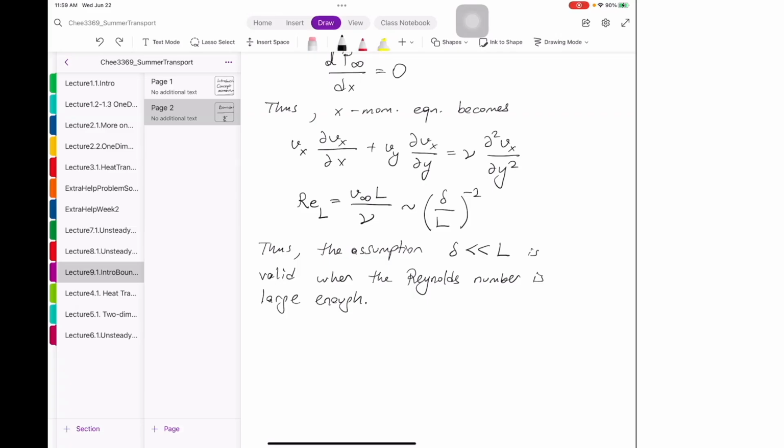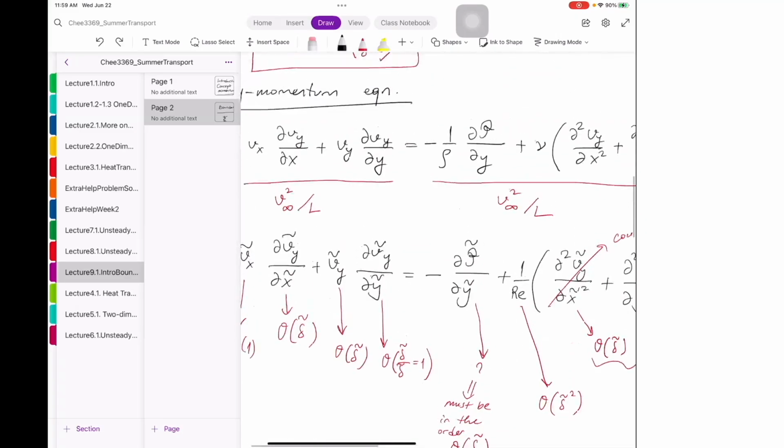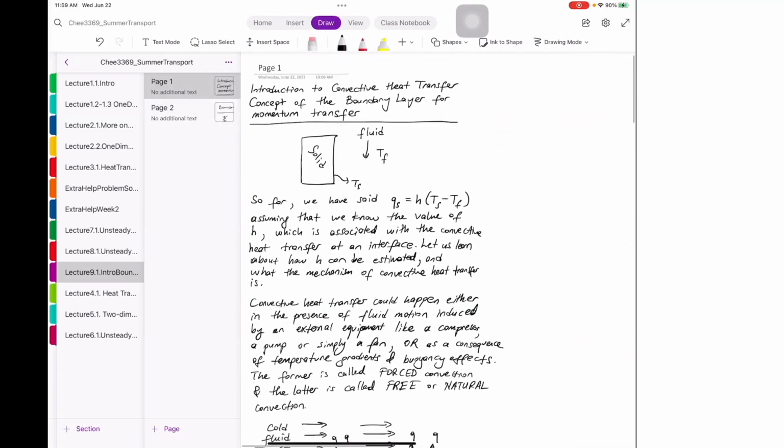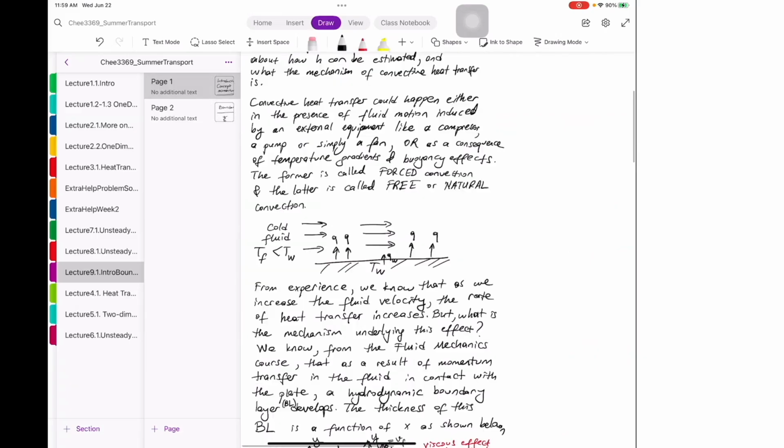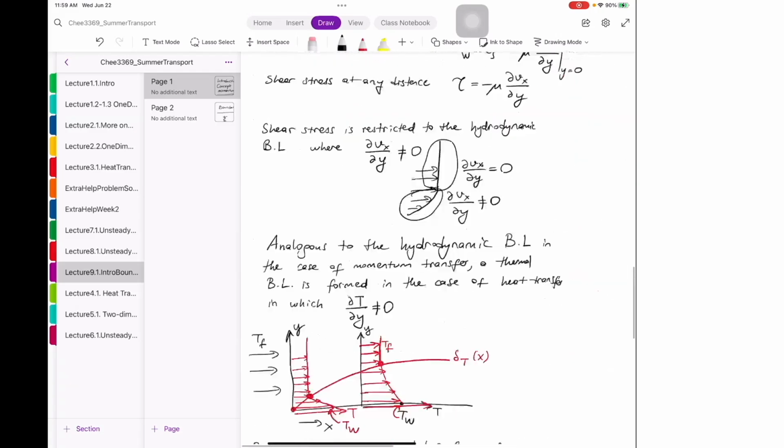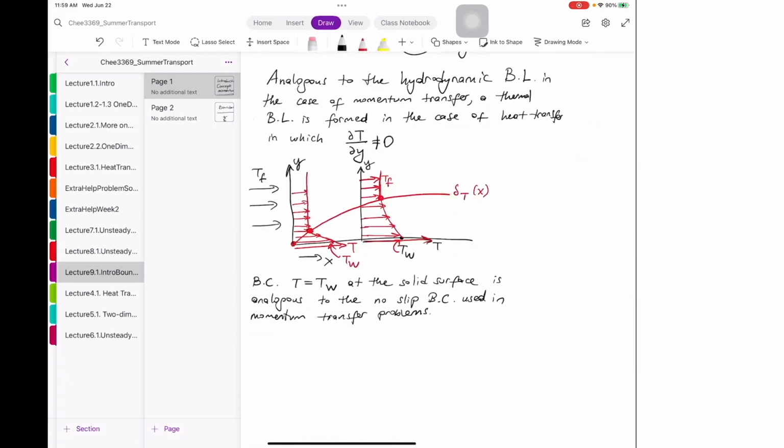Okay, if you don't have any other questions, briefly, let me summarize what we have done. We have learned about the concept of boundary layer thickness and the boundary layer for momentum transfer. We briefly mentioned the boundary layer for heat transfer as well, and we said that they are pretty analogous to each other.